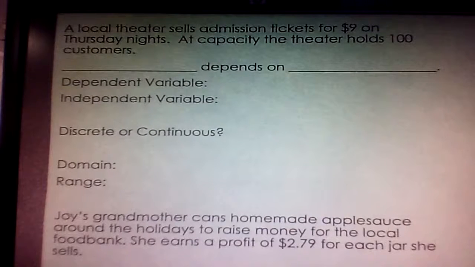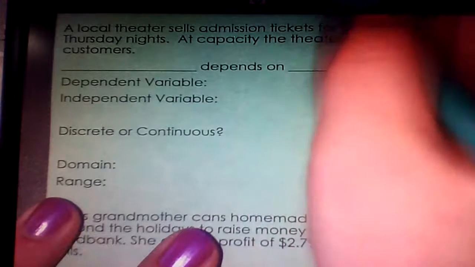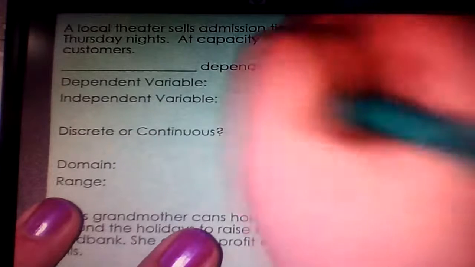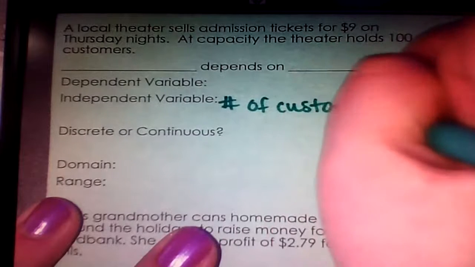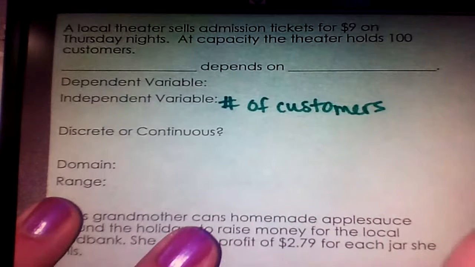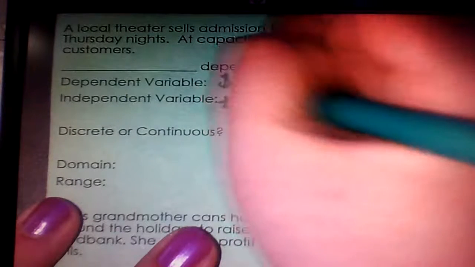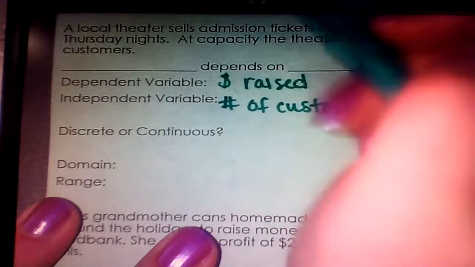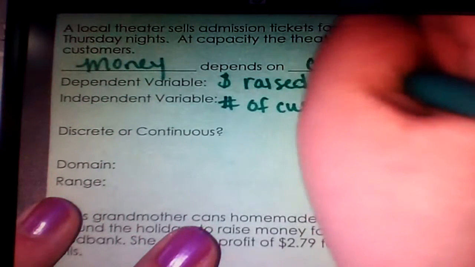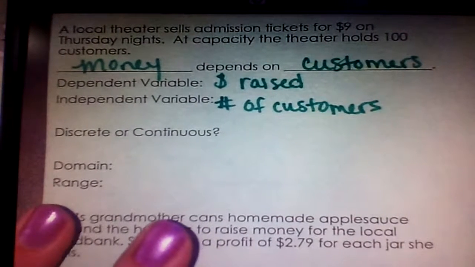I can't sell tickets if nobody shows up. So my independent variable is the number of people or the number of customers. And my dependent variable is the money raised. So my money depends on customers. I can't make money if I have no customers.